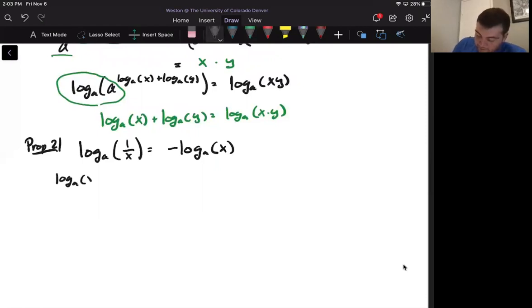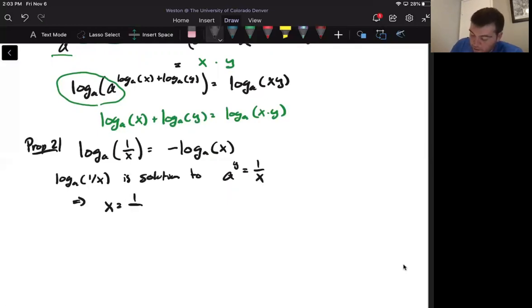Log a of 1 over x is the solution to, we'll call it y equals 1 over x. Well, then that tells us that we can multiply x to the other side, divide a to the y to the opposite side, that we have x equals 1 over a to the y, which implies that x equals a to the negative y.